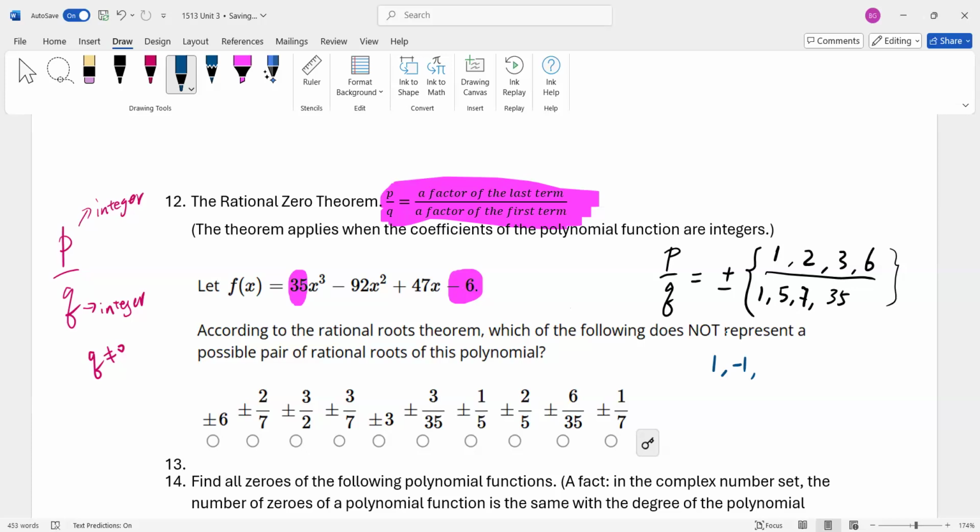And then we can do 1 over 5, right? Like here, 1 over 5. Or -1 over 5.